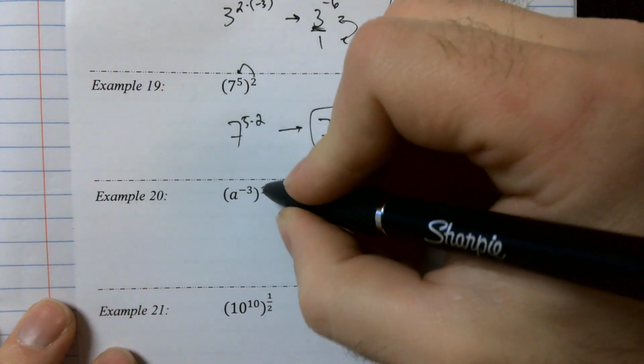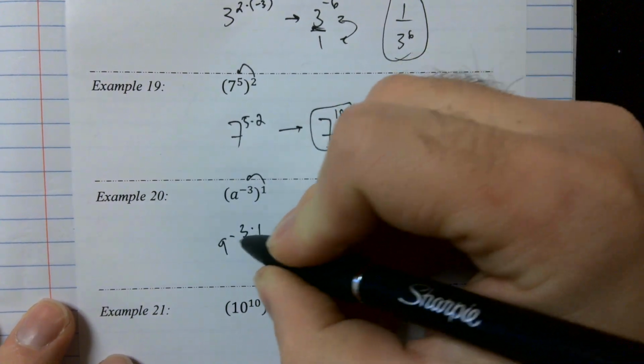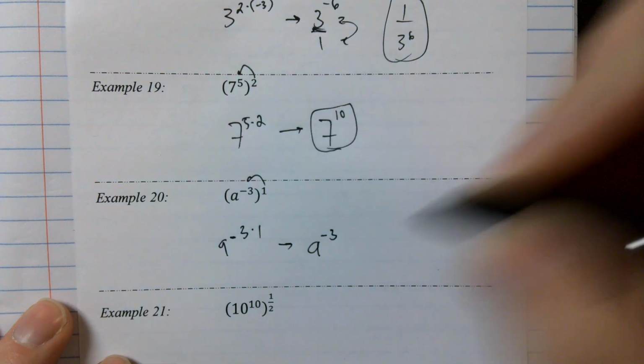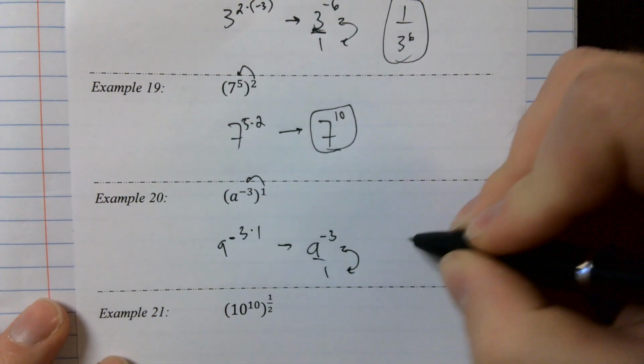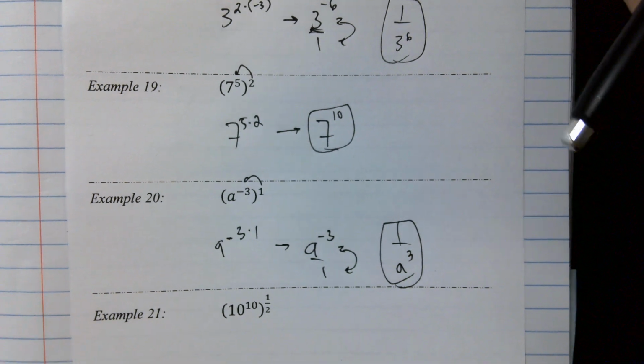Number 20, I distribute the 1. A to the power of negative 3 times 1 gives me a to the negative 3. Put it over 1, flip it around, 1 over a to the third power.